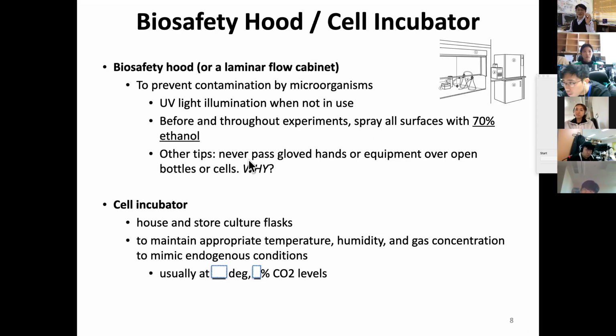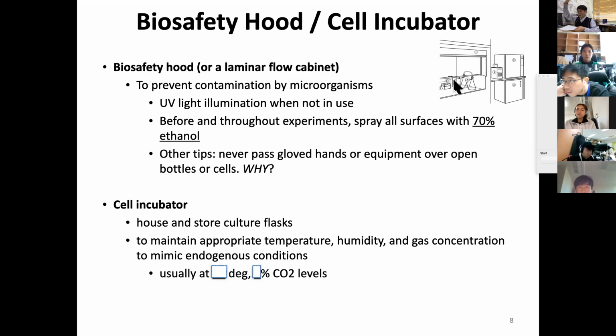There are many small but important tricks which you will only learn by doing it, okay? For example, never pass gloved hands over your bottle or cells or equipment. Let's say this is a cell culture dish. If I use my hand on top of it quickly, because there's some reagent I have to pour, what happens?